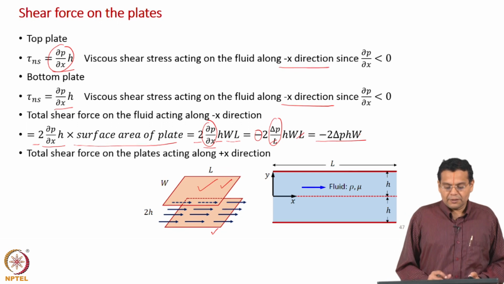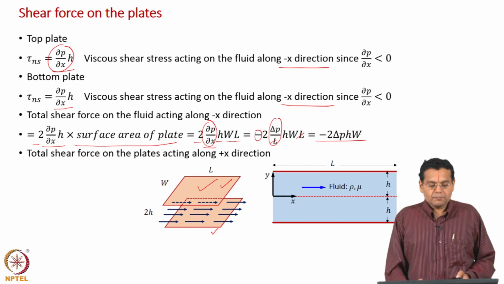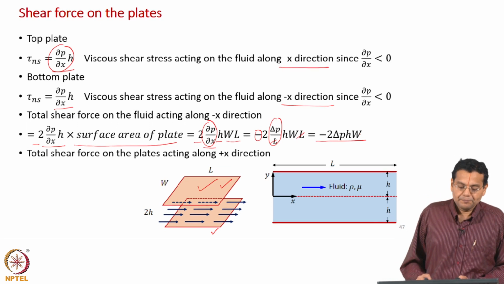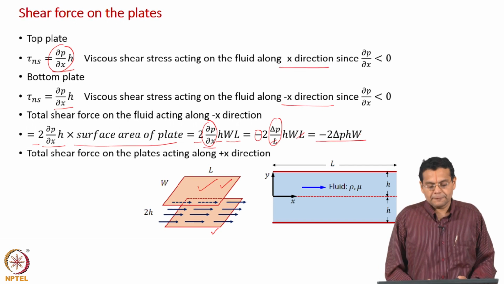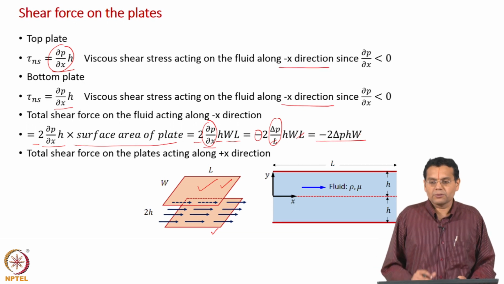So, what we have done is, from the viscous stress tensor found out the stress vector, found out the normal component, it turned out to be 0, found out the shear stress component, and found out what is the shear stress acting on the fluid at the top plate, at the bottom plate, found out the total shear force acting on the fluid, hence found out what is the total shear force acting on the plates.